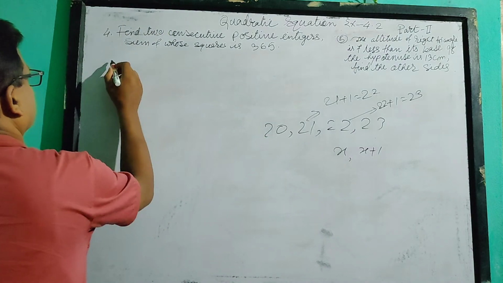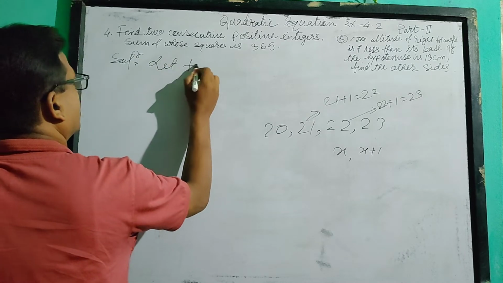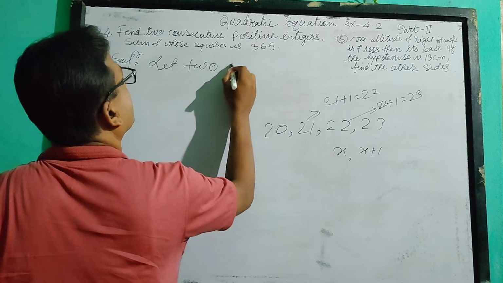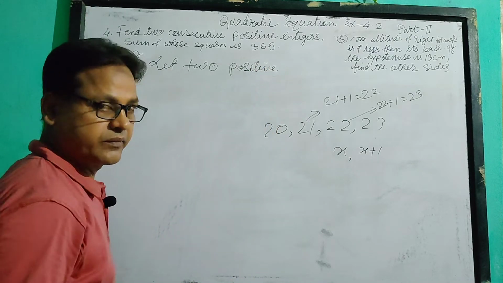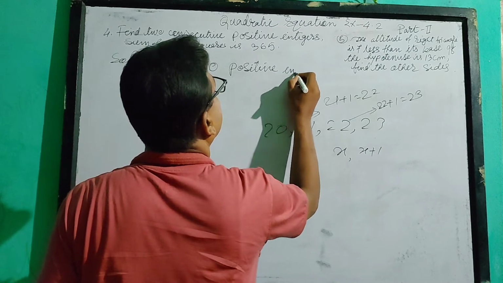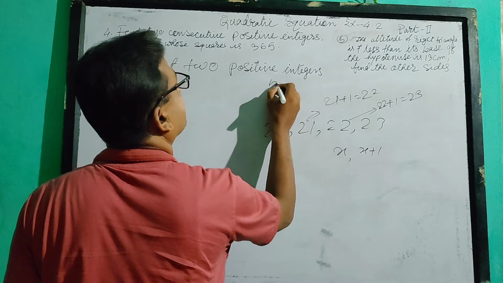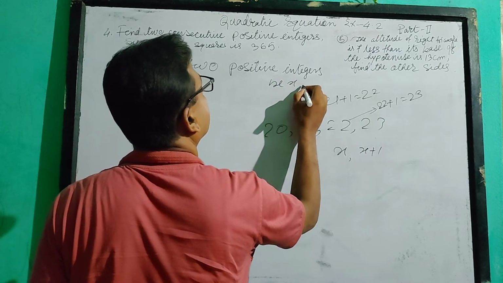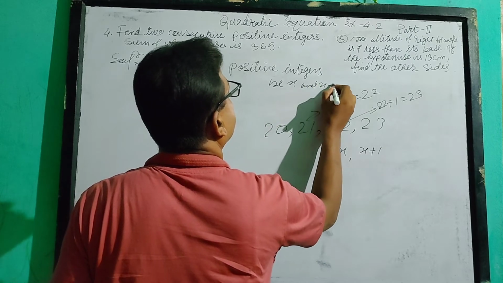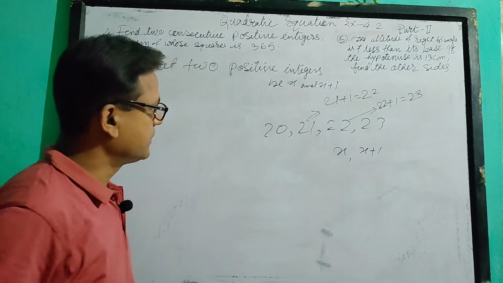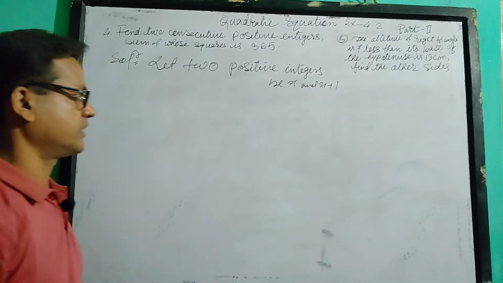So, solution: let two positive integers be x and x plus 1. One is x, the other will be x plus 1.